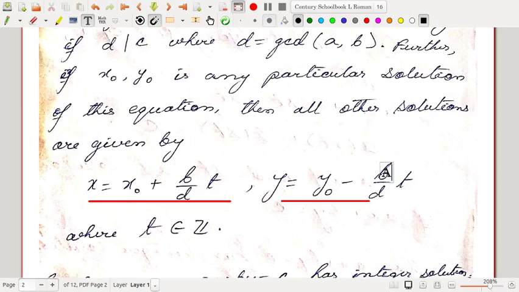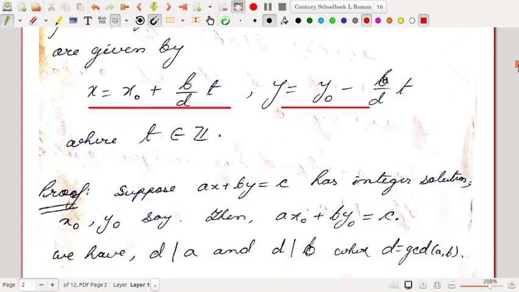Please correct it and make this correction, where t is any integer. So we have infinitely many solutions. Once we are able to find a particular solution, we will actually have infinitely many solutions.